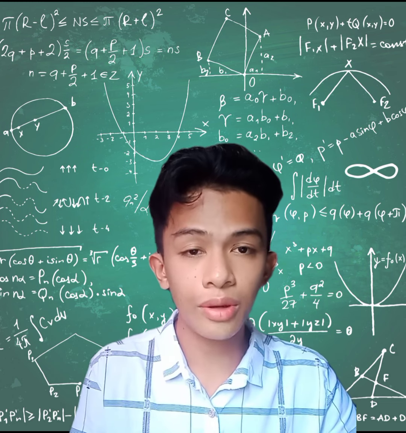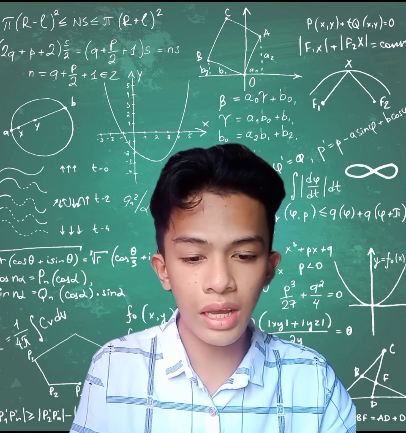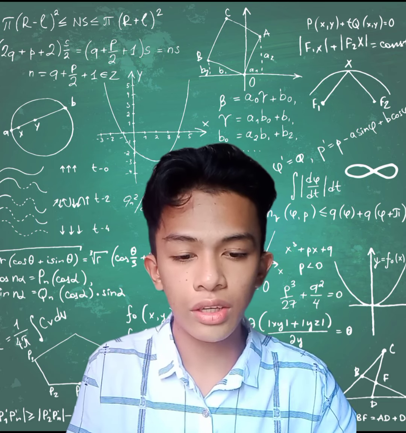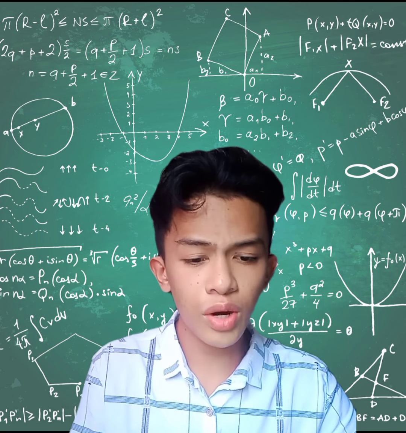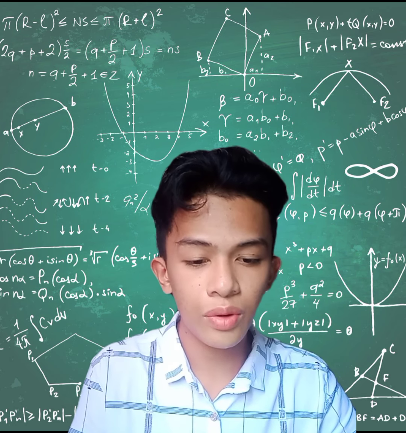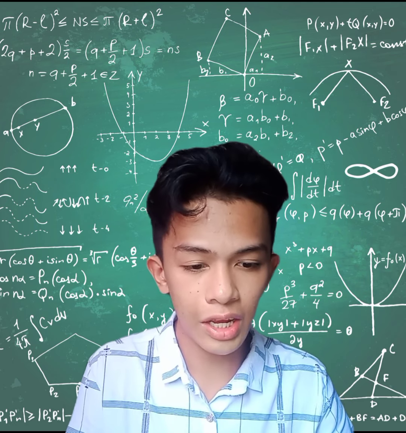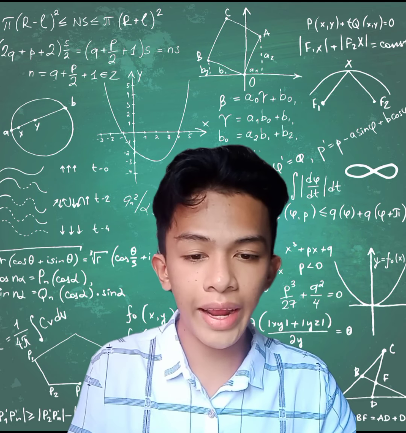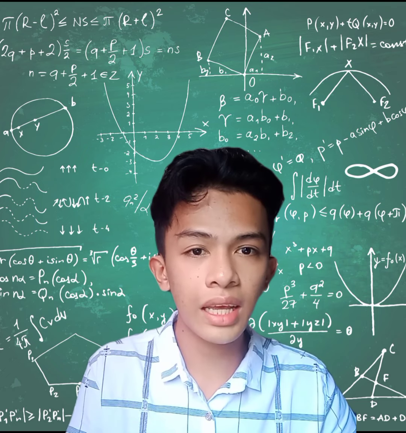So x bar is equal to the integral of x element dl over the integral of dl, which is the integral of x times the square root of 4y squared plus 1 dy, since we know dl earlier. Let's just plug it in. We know that x is equal to y squared. Why do we put it in terms of y?